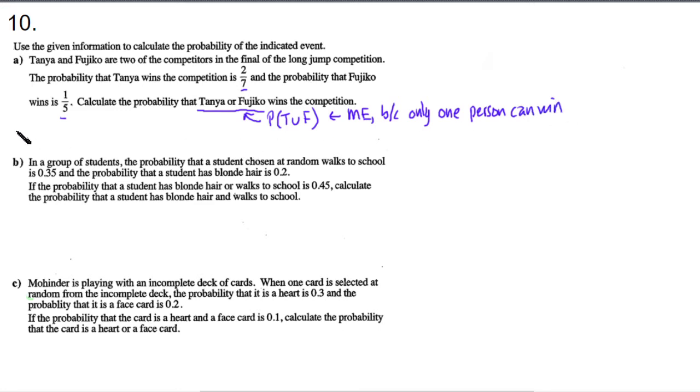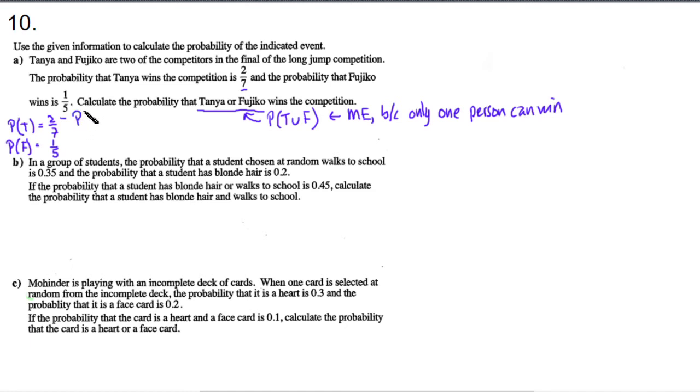So let's write down what we know. We know that the probability of Tanya winning is 2/7. We know the probability of Fujiko winning is 1/5. And we want to determine the probability that Tanya or Fujiko will win. So we're going to be using the formula here for mutually exclusive events, which looks like this for this particular example.